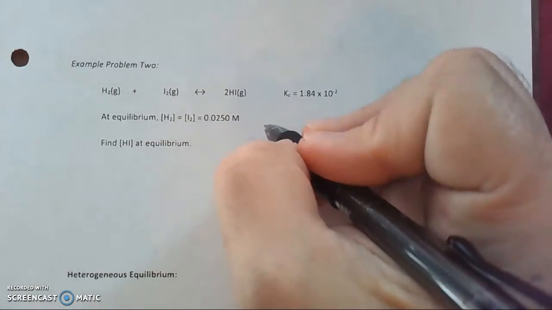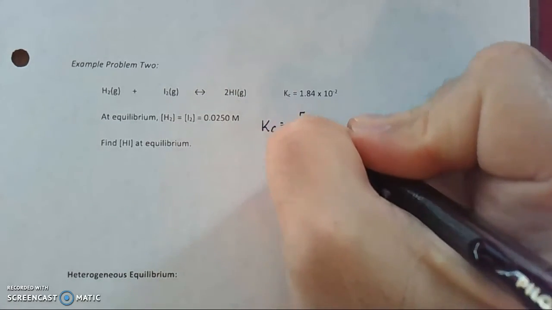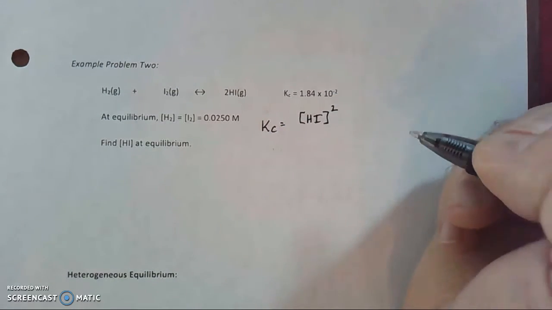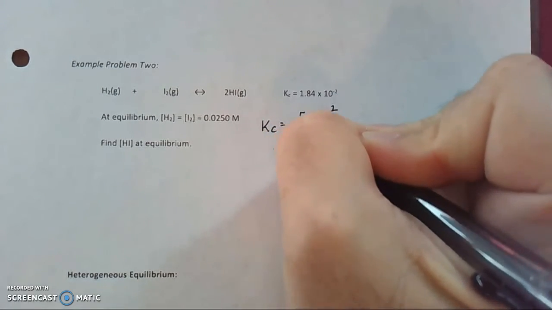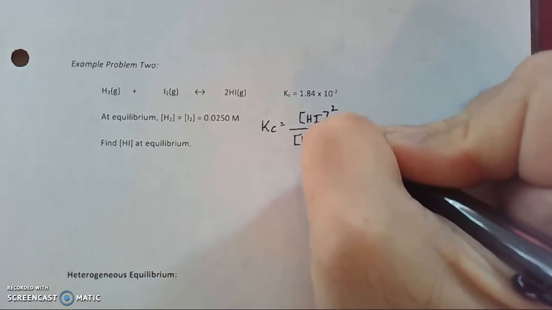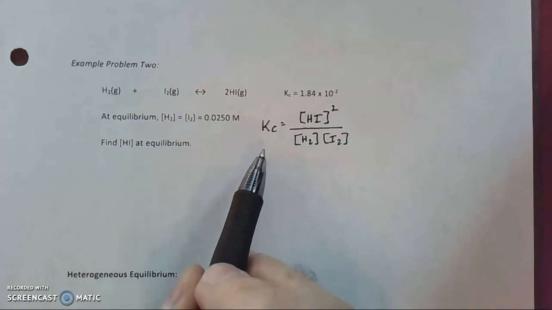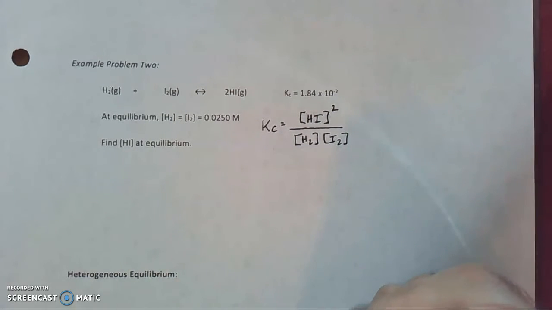Well, we would have to write a Kc expression. So our product is HI and it has a coefficient of 2, so that is now our power, over the concentration of H2 to the first times I2 to the first. So products over reactants, each one raised to its stoichiometric coefficient.